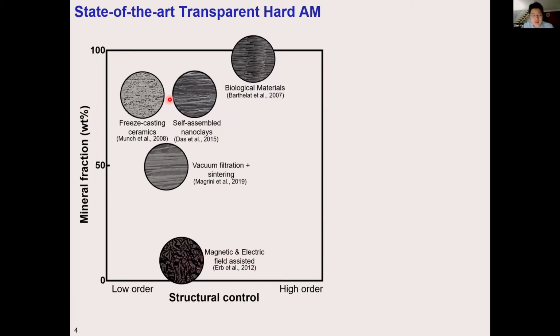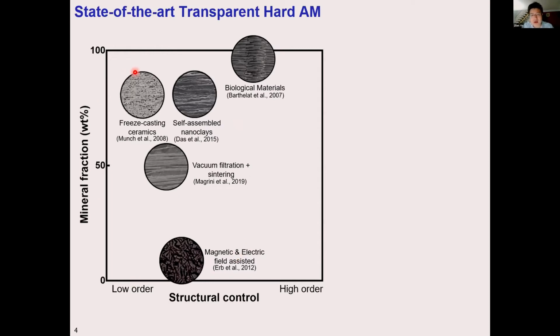But all those fabrication methods usually have very limited structural control compared to biological materials, and in contrast to the mineral content in biological materials, which is very high, usually more than 90%, those synthetic materials usually have relatively limited mineral contents.